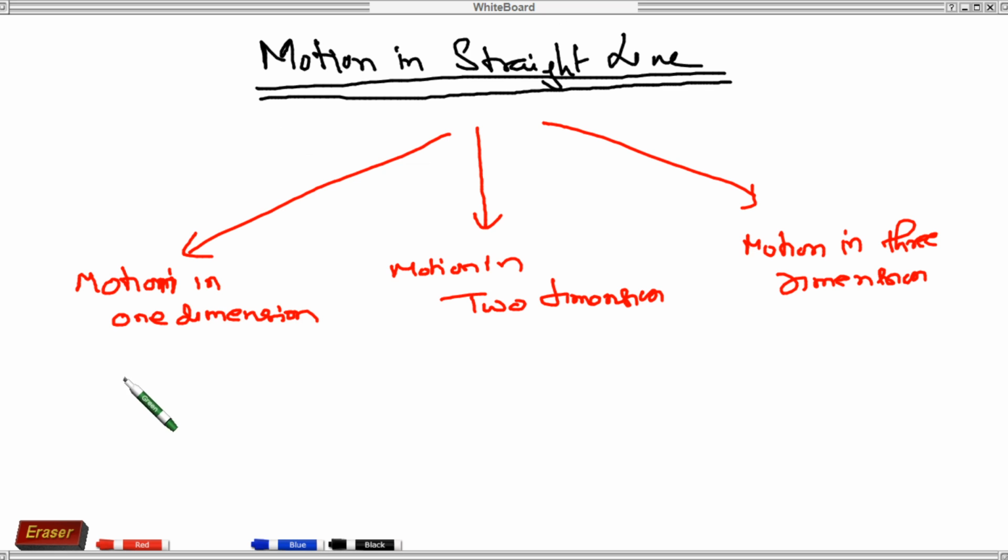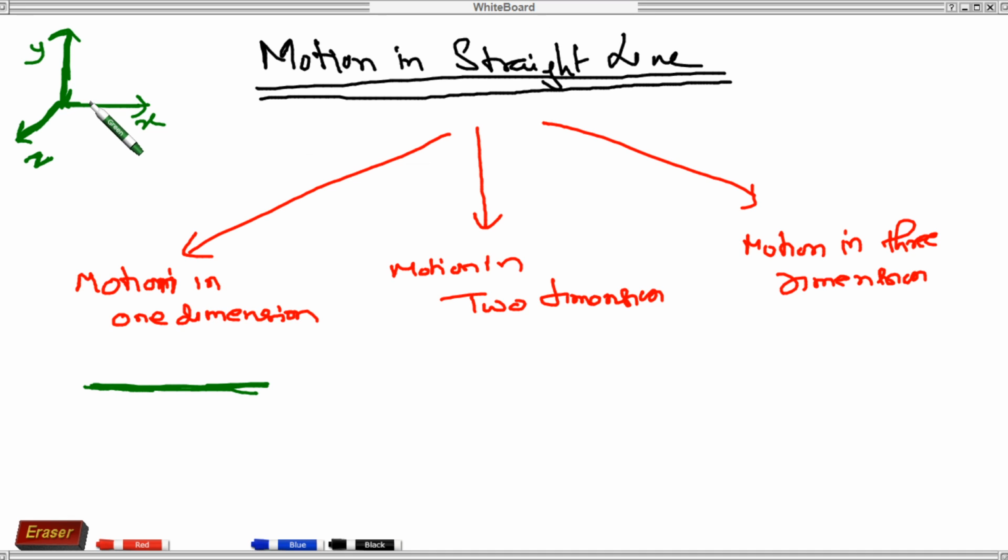Then we say that motion in one dimension means it's only a straight line path. Like in our previous chapters also we discussed, we should be aware of this: this is the x-axis, this is the y-axis, and this one is the z-axis.